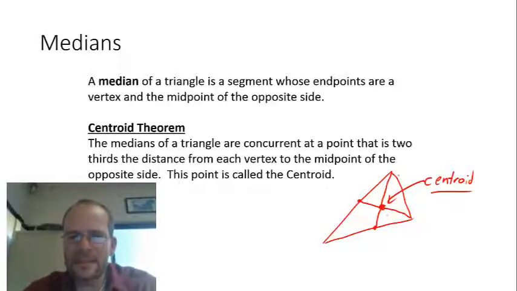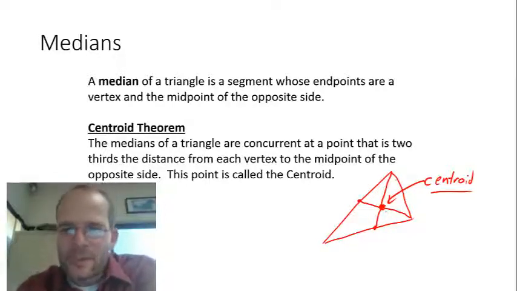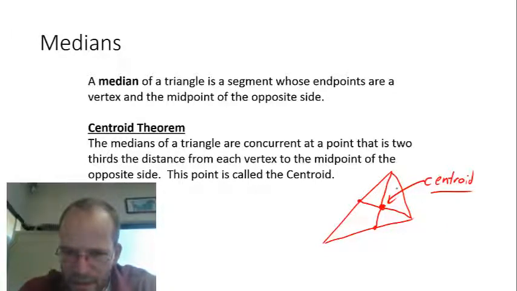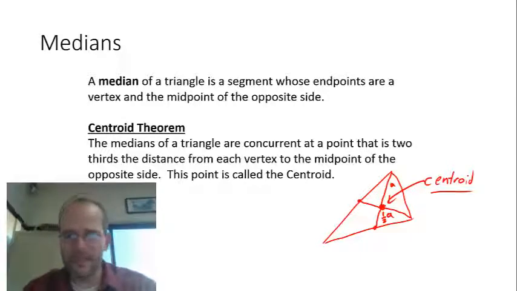The theorem says that these medians are concurrent at a point called the centroid, and that that point is located along the median 2/3 the distance from the vertex. So if I call this A, then this must be 1/2 A. And so we see there's this fixed mathematical relationship. It's one of the things you need to know and remember about a centroid.